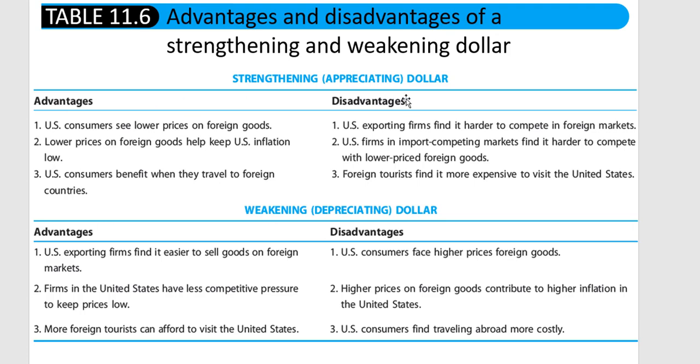What about the disadvantages? Well, a primary disadvantage is for US exporting firms. Now that the US dollar is stronger, it means that foreigners have to pay more of their local currency to buy the same dollar priced good. And therefore, US exporting companies lose competitiveness in foreign markets, and one would not be surprised if the amount of exports decrease.